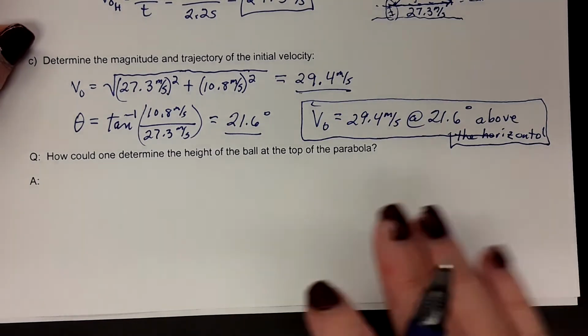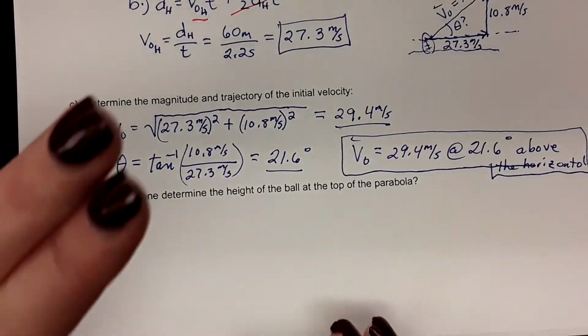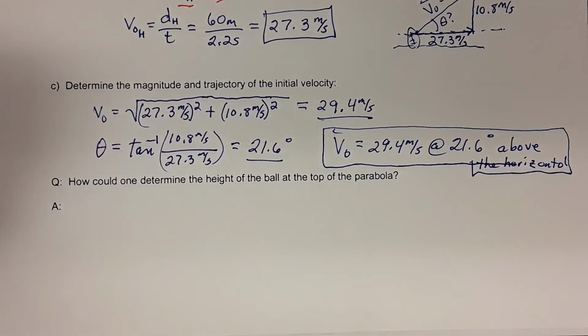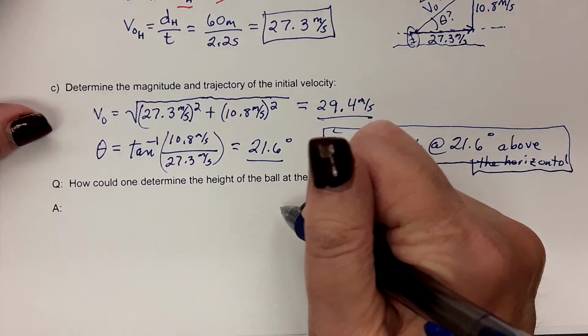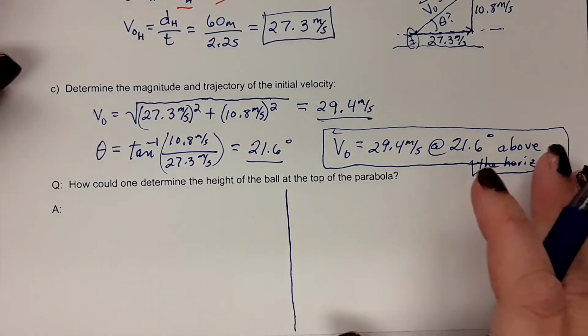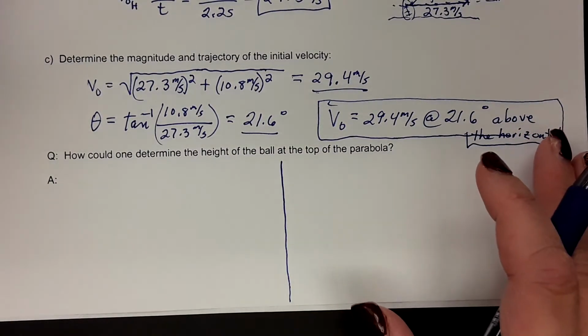Well, actually, because we have so much information now, and because of symmetry as well, there are two possible ways that we can find the distance to the top of the parabola. And we're going to look at both, and which one you want to use is your preference, okay? Either one will work for a full symmetrical parabola.